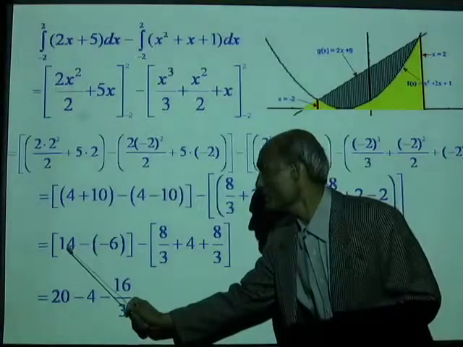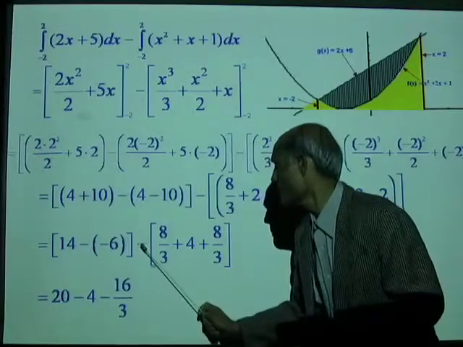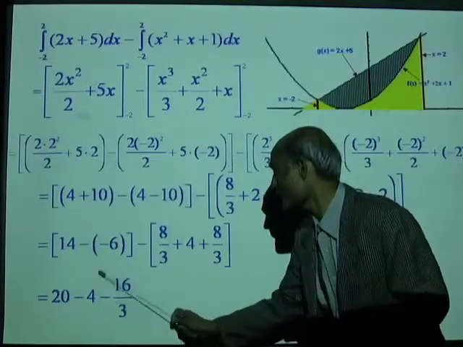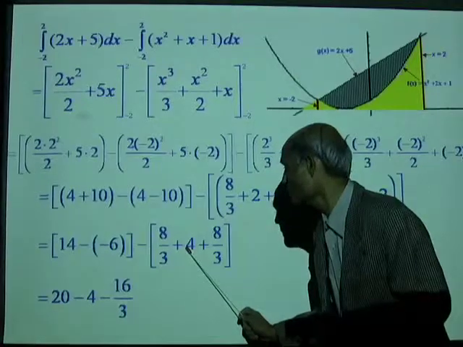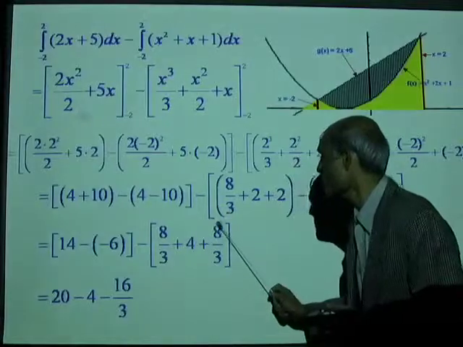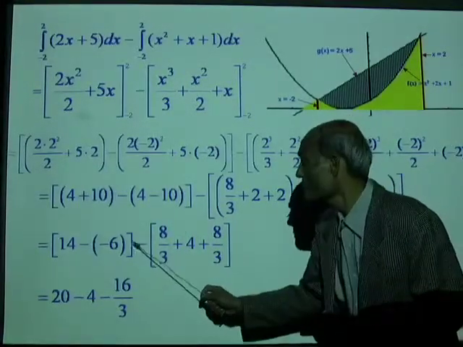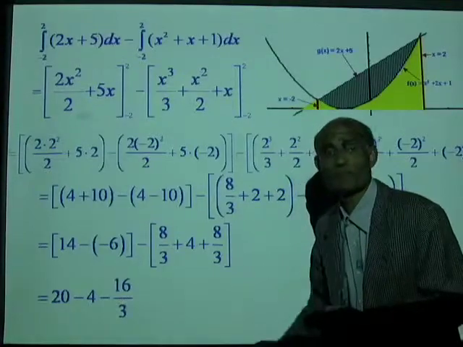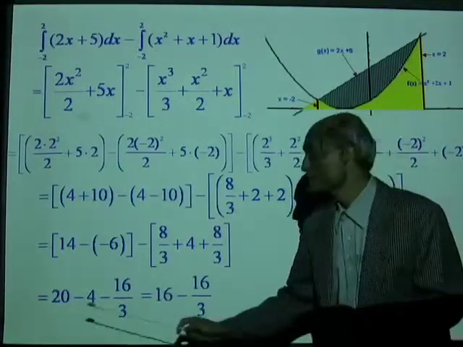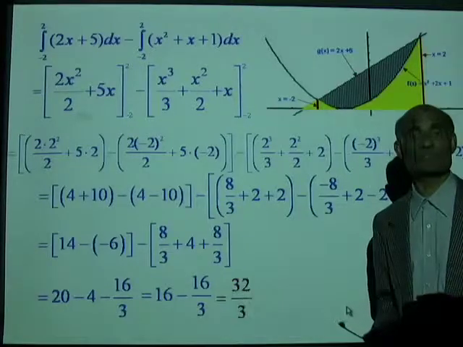Alright, that will be 14 minus negative 6 is 20. Minus 4, that's there, minus 4. And minus, look, see, 8 over 3 plus 8 over 3 is 16 over 3 with the negative sign there. And that gives you 16 minus 16 over 3, and what's that equal to?